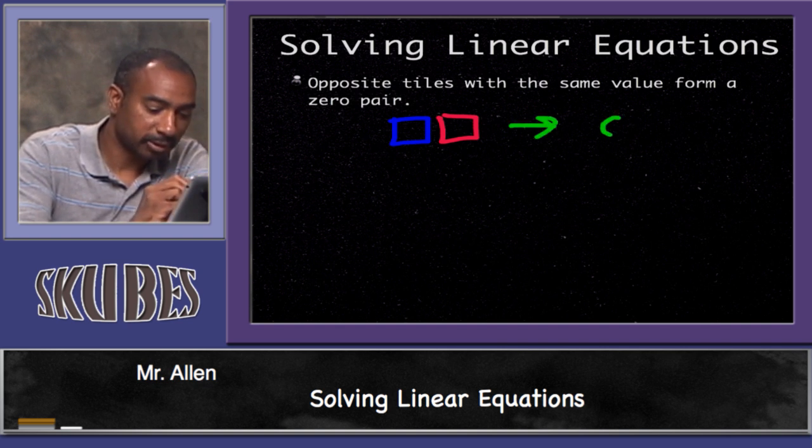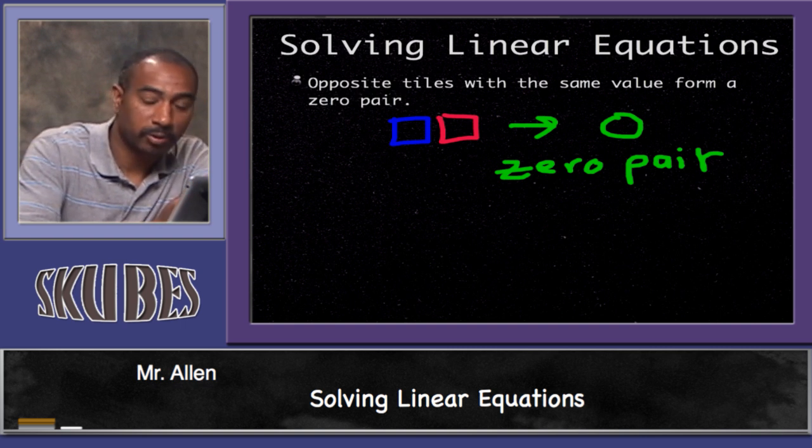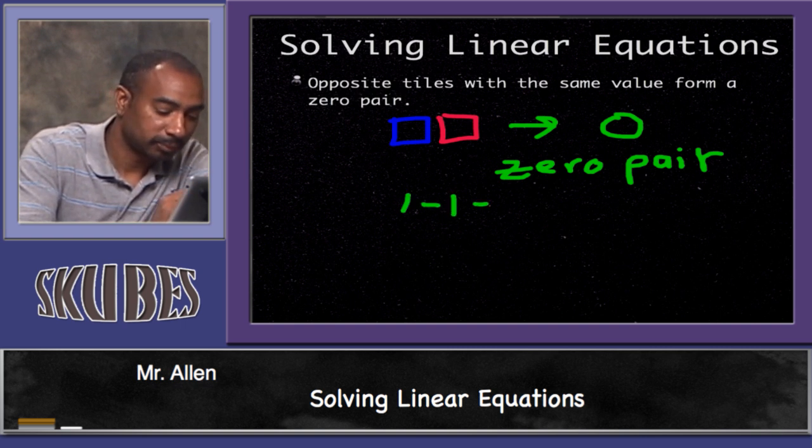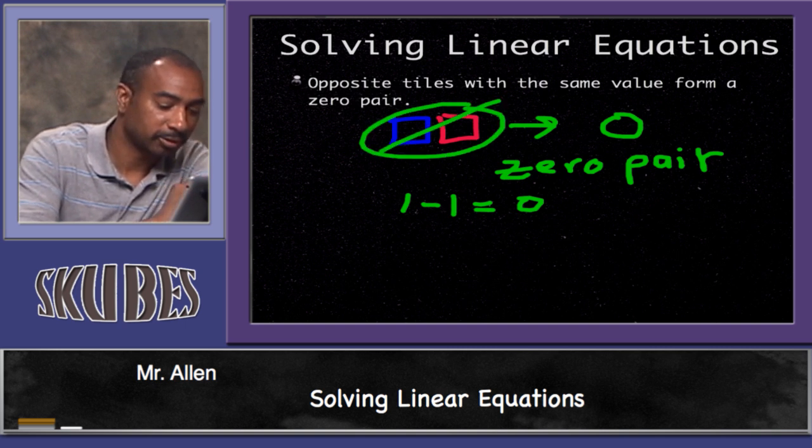Automatically, this is a zero pair, because 1 minus 1 is always 0. So when you see that, we can cancel those out.